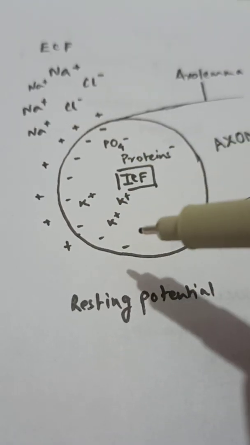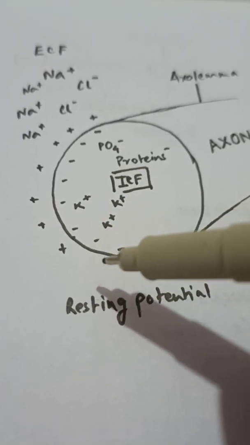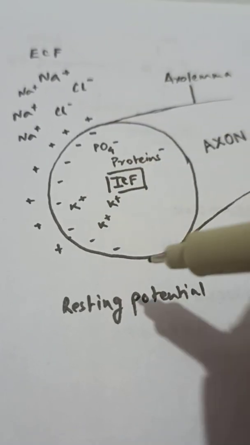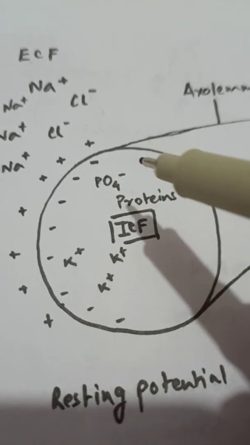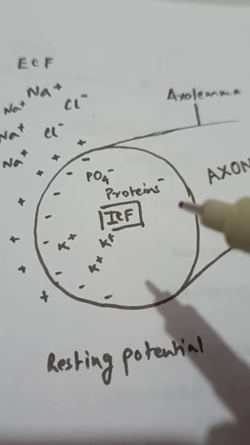Now, this potassium trying to move outward, you may say that it will create even more positive charge, but this process is stopped by the presence of the phosphate ions and the protein ions that are there.